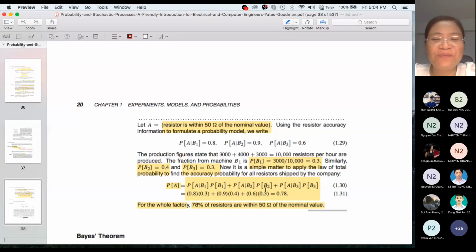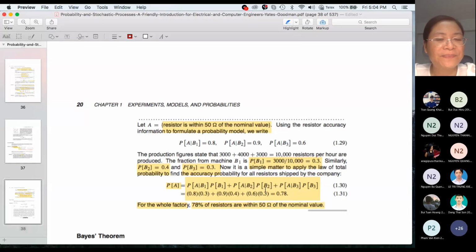I see that the students who understand are quite active. Write down in the comment box, understand. The other students, you don't understand? If you don't understand, please tell me.